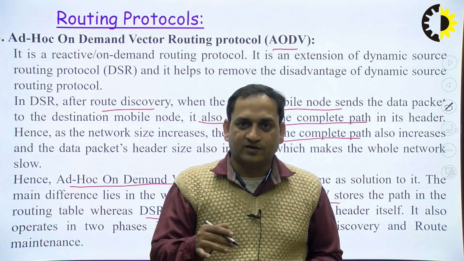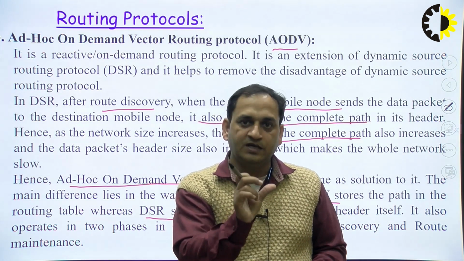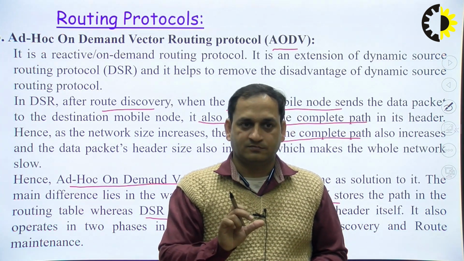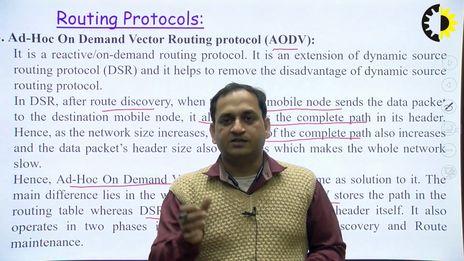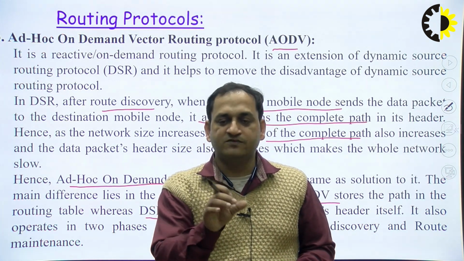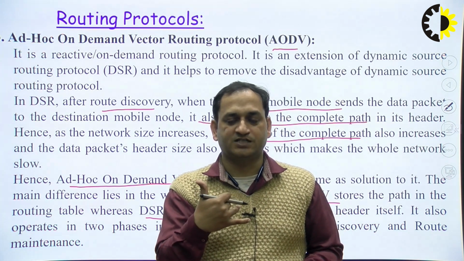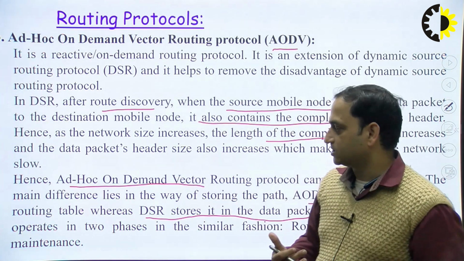But in DSR, when the data is transmitted, the header is added along with the data. In AODV, the tables are updated separately, and after that other packets, which are used for data transmission, are transmitted.